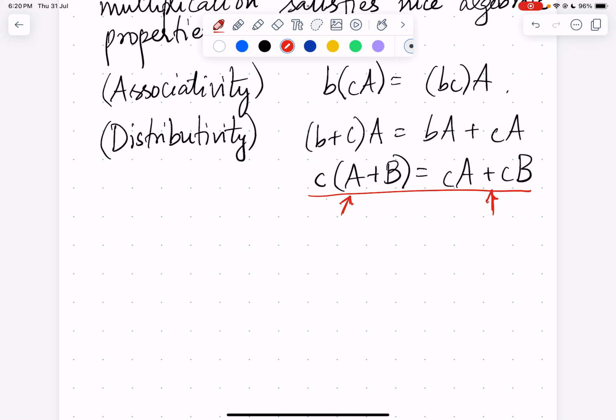So naturally C times (A1 plus B1) equals C times A1 plus C times B1. So the first coordinates of these 2 points match, and similarly the rest of the coordinates also match. So even mentally we can see that this equality holds.